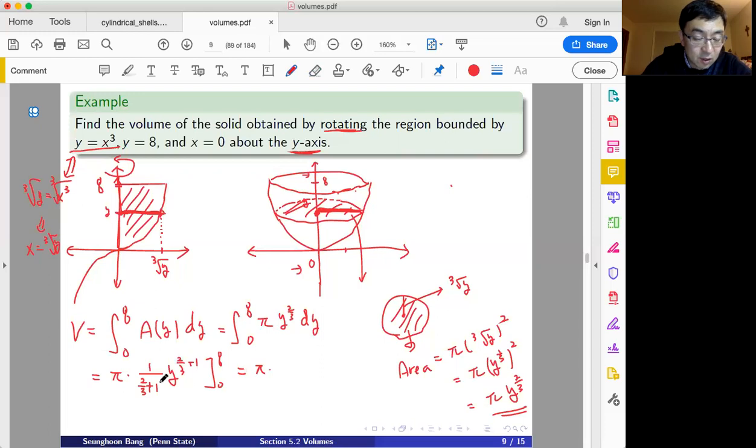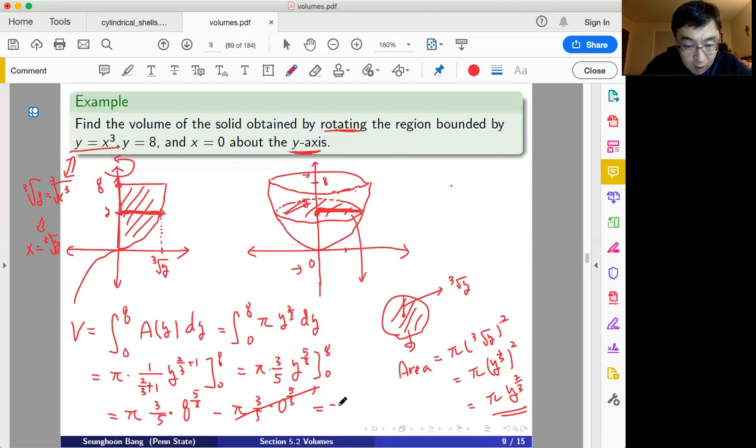Pi times 1 over 5/3, flip, 3 over 5, Y to the 5/3 from 0 to 8. Next, plug in these numbers. Pi times 3 over 5 times 8 to the 5/3, minus pi times 3 over 5 times 0 to the 5/3. That's 0, so we have only the first term.